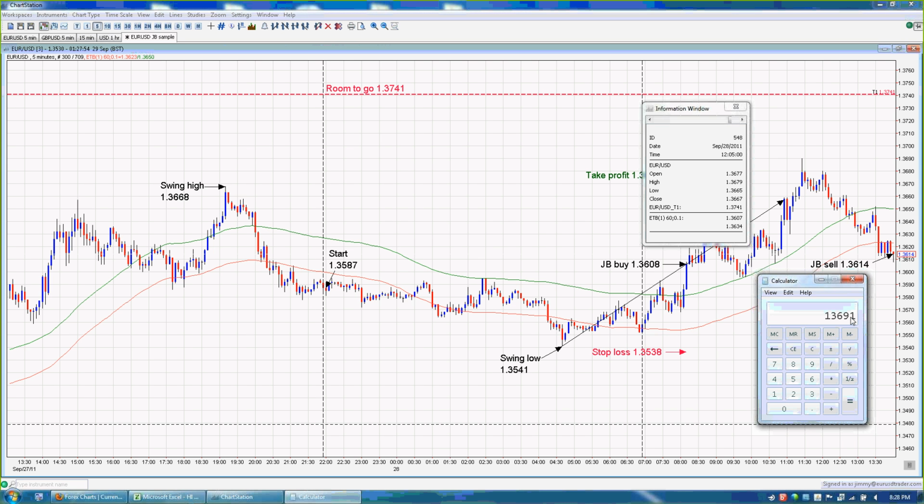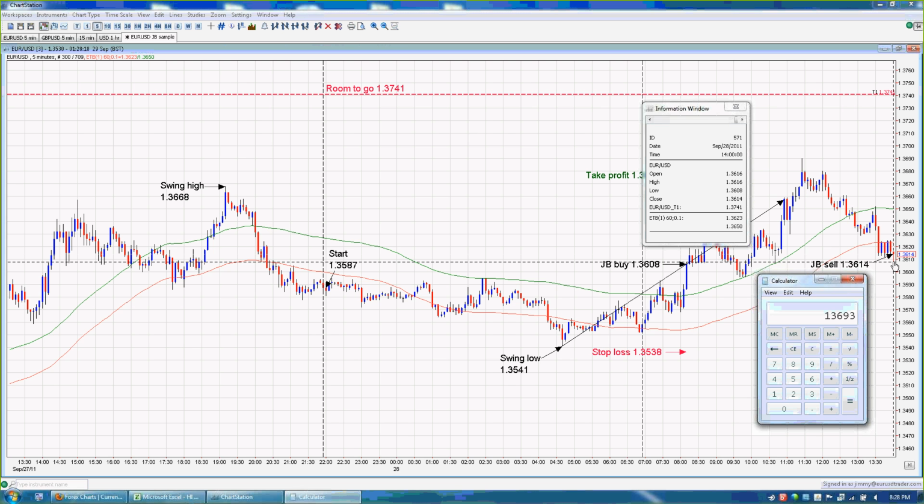But then 1 point above the high, and then we need to add 2 points for spread. So plus 2 points. So at a minimum, we have to put our stop at 136.93. Now, we're entering the trade at 14, and we don't need to adjust the spread because we're selling. And this chart reflects the lower of the two prices, as we saw when we looked at the GFT before.